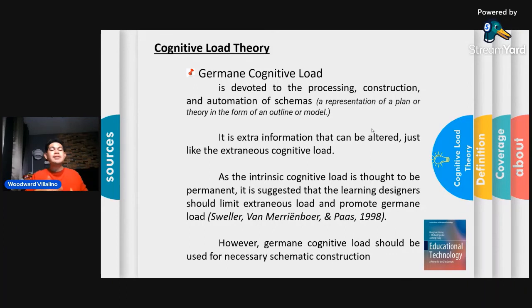Okay, so this cognitive load should be promoted. However, germane cognitive load should be used for necessary schematic construction. So there should be a proper and necessary schematic construction before it would be used more effectively, in fact.